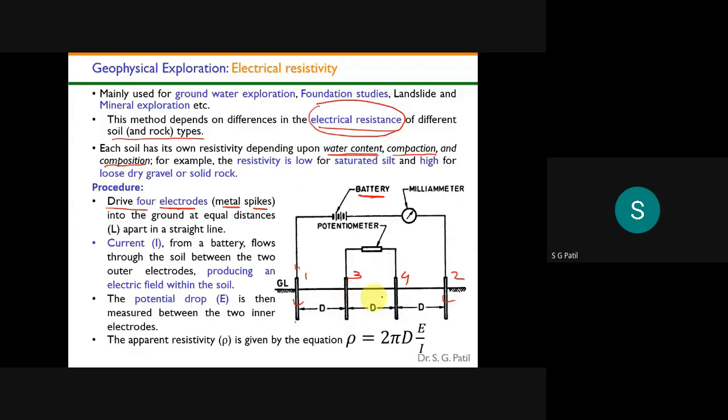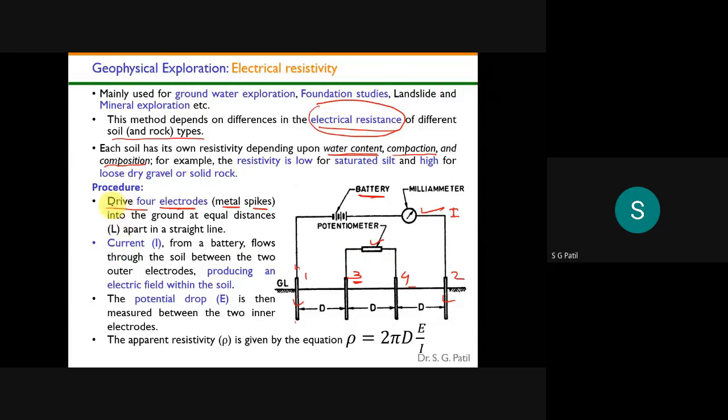That difference you measure from the potentiometer, and you measure how much current you are passing from the millimeter. So from the millimeter you measure the current passing between the outer 2 electrodes, and due to that current, you measure the potential drop between the 3rd and 4th electrodes. So the two parameters we are measuring here are the current and the potential drop.